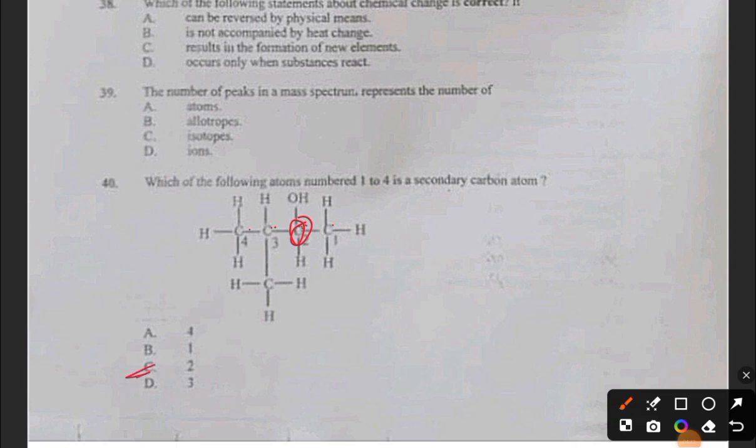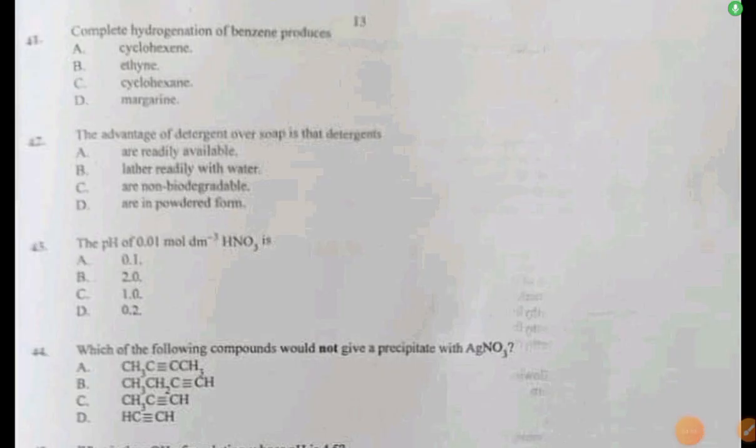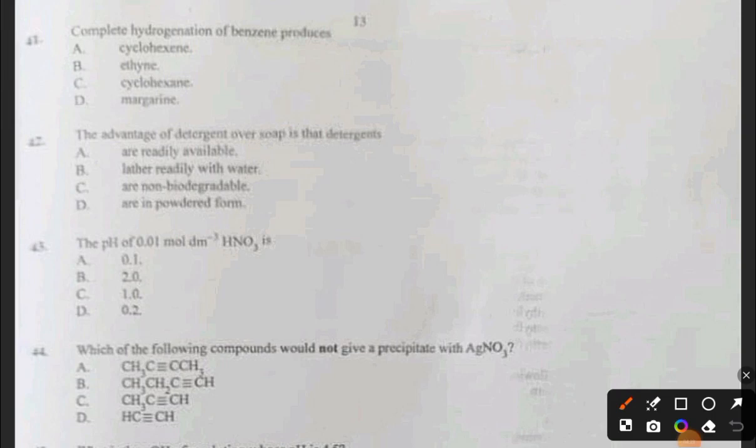So 40 is C. Question 41. Complete hydrogenation of benzene produces a cyclohexane. 41 is C. 42. The advantage of detergents over soap is that detergents lather readily with water. So 42 is B.